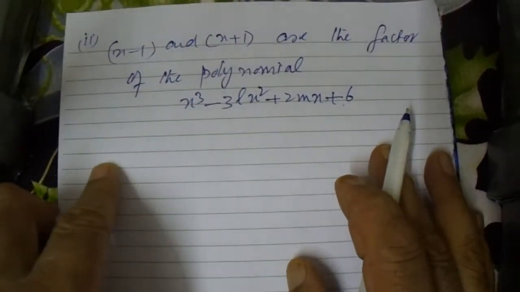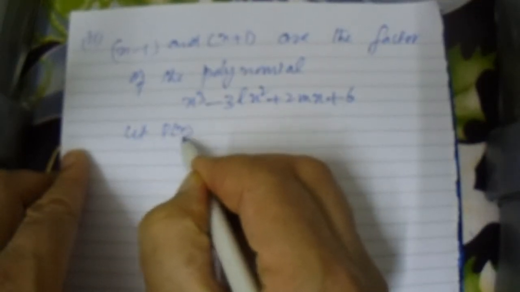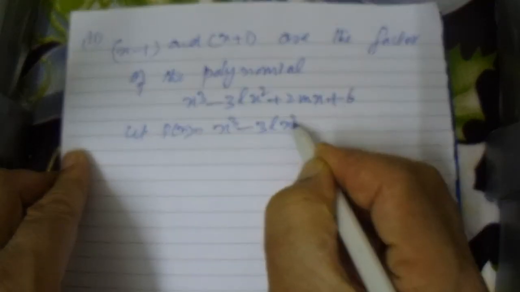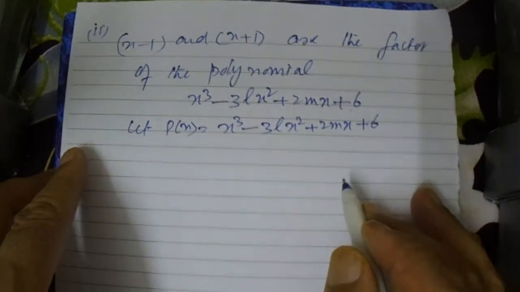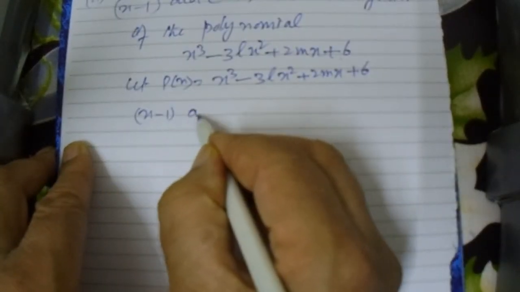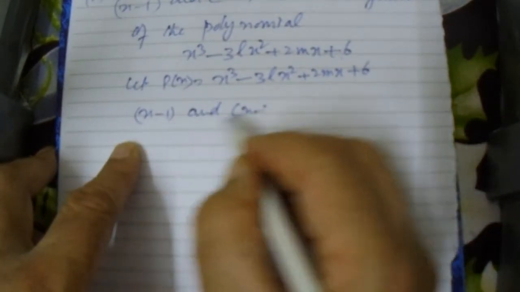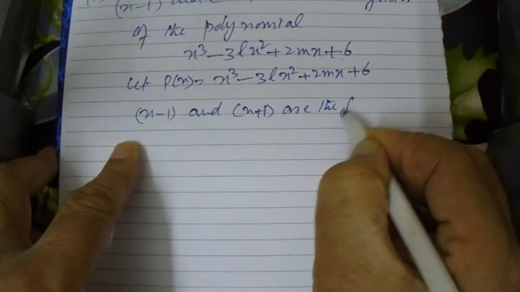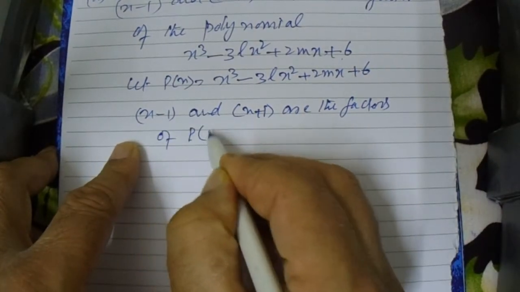Now we let px is equal to x3 minus 3lx square plus 2mx plus 6, and x minus 1 and x plus 1 are the factors of this px.